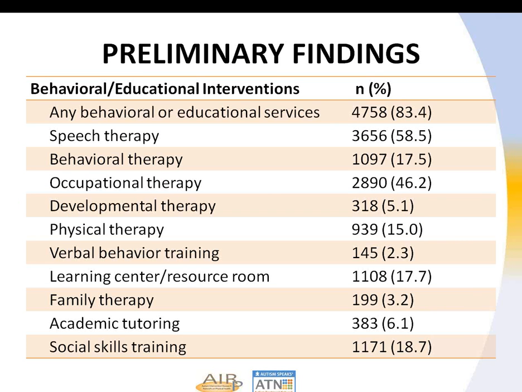So this is the table of all the interventions reported from parents of children with autism. You can see that there are several services, including behavioral and educational interventions, reported in the registry. About 83% of children receive some type of behavioral and/or educational intervention at the first visit.